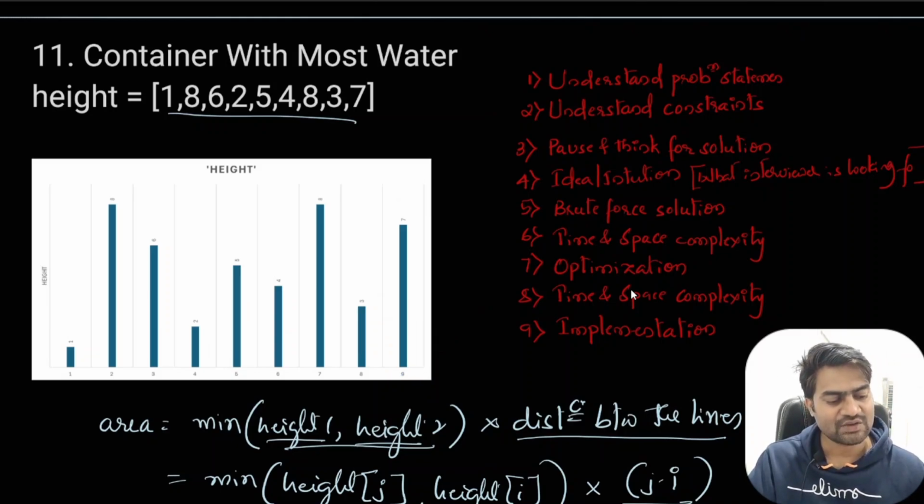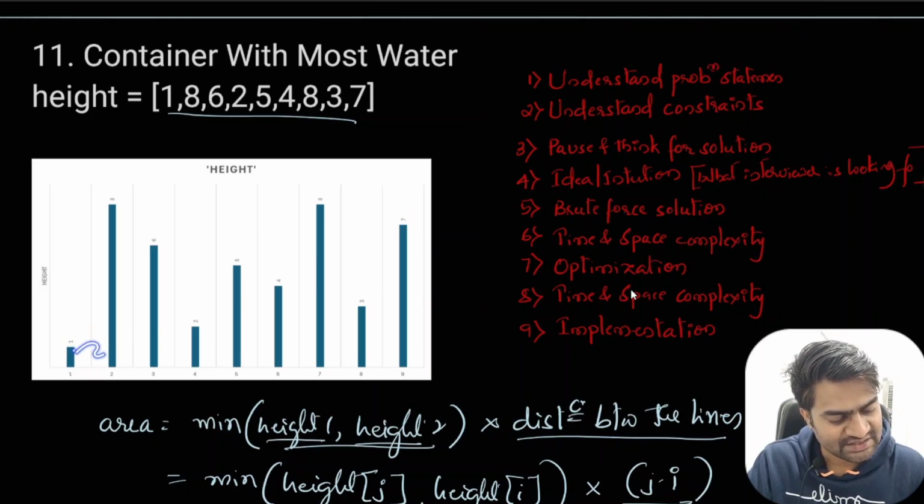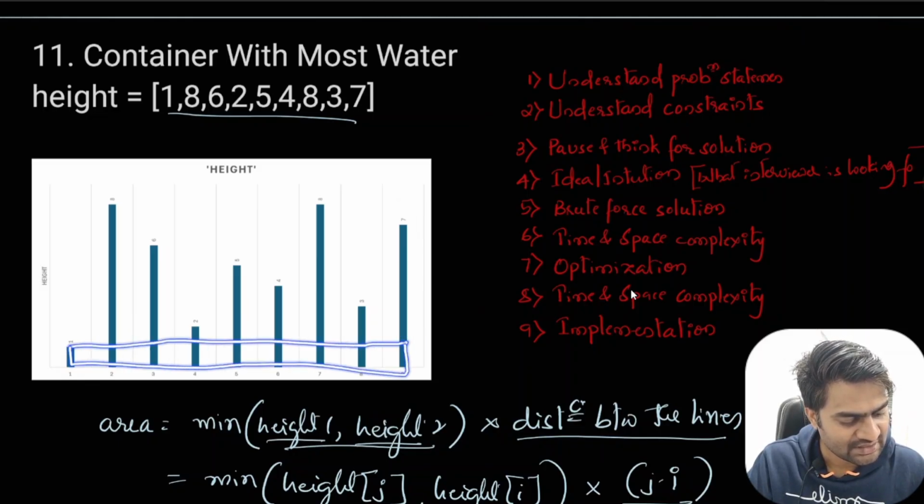Now I will try to find the area between this line and this line initially. Since this is the minimum value, if I try to find the rectangle, then it will be something like this, correct, right?